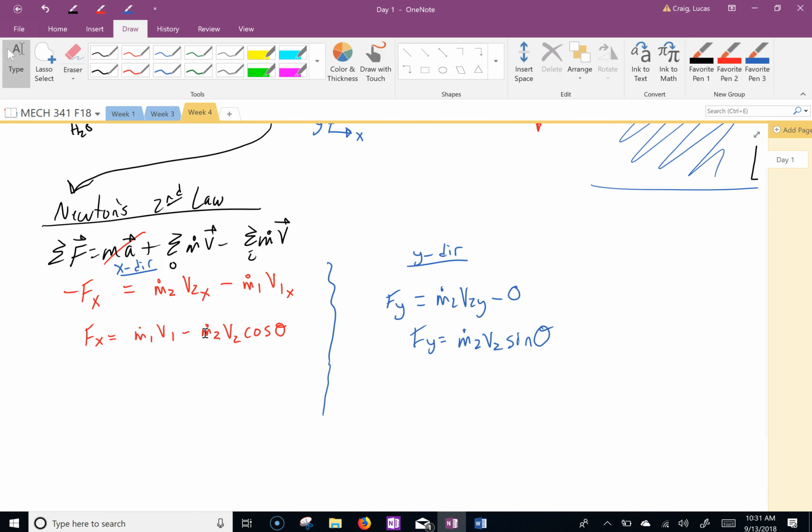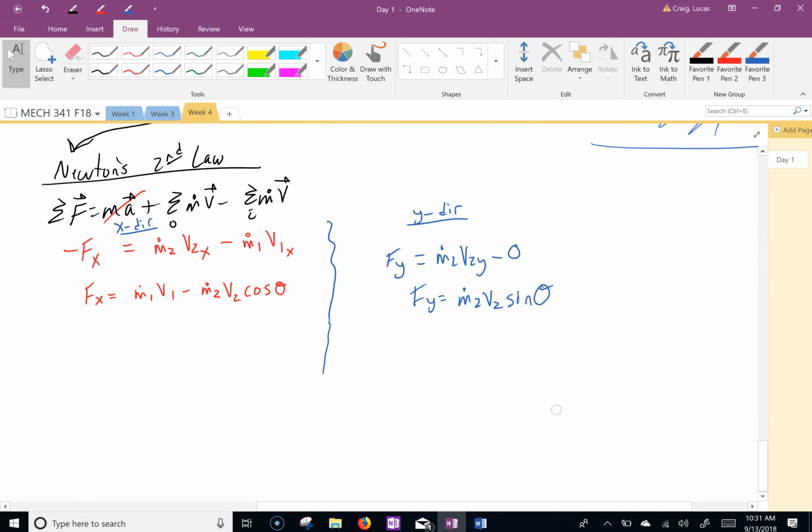Do we know m dot? No, but we can find it. So find m dot. We'll use conservation of mass, which states m dot 1 equals m dot 2, which is m dot.